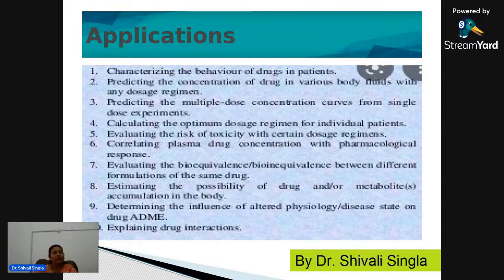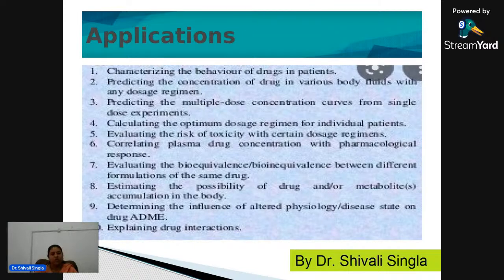Now, these pharmacokinetic models determine the influence of altered physiology or disease state on drug ADME. Suppose one person has ulceration in the stomach. Then the absorption phase, that we have checked in a diagram: when the patient takes a drug via the oral route, it reaches the stomach, and after reaching the stomach, it gets absorbed into the bloodstream.